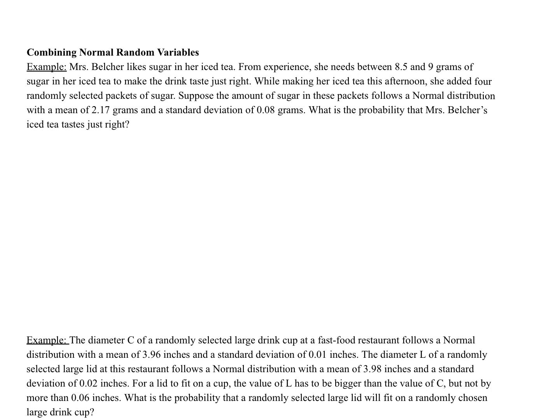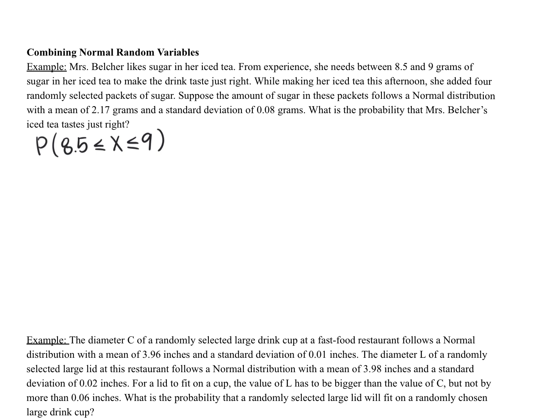So we want to find the probability that we are between 8.5 and 9 grams of sugar. All right, so X is going to represent our sugar here. So 1 packet of sugar we know contains 2.17 grams of sugar with a standard deviation of 0.08.